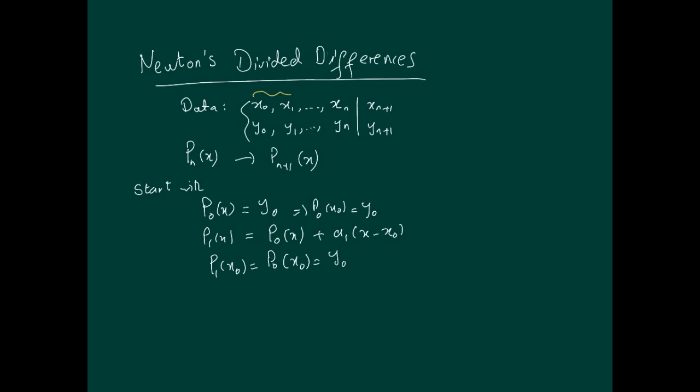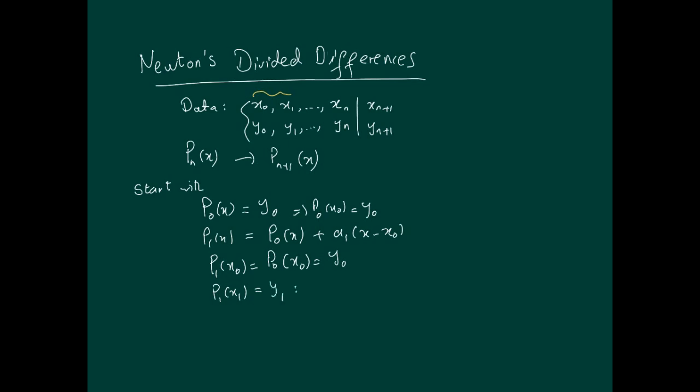So in other words, this interpolation, P1 of x, interpolates the first point accurately. Now, it should, of course, interpolate the second point accurately as well. So that means that P1 of x1 should be equal to y1.